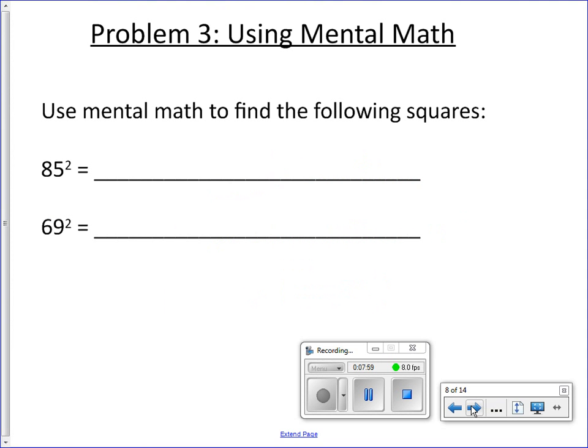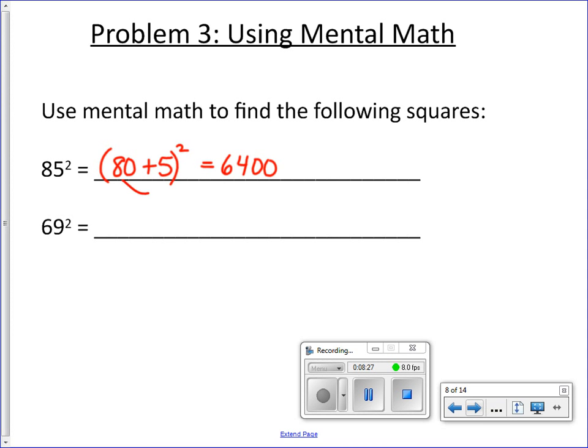All right, now let's see if we can apply this and use some mental math to find the following squares. We're going to take 85 and square it. So what we're going to do is rename 85 as 80 plus 5 and square it. All right, so using our little rule, we would take 80 squared, which would be 6,400.